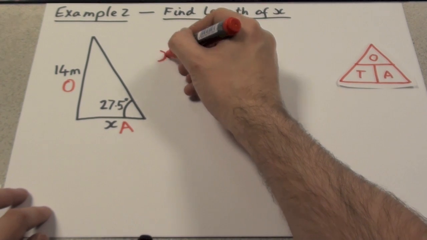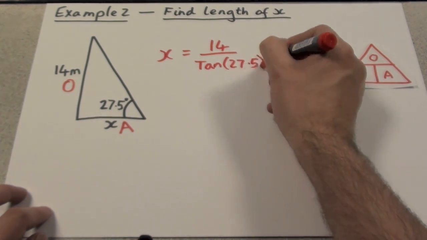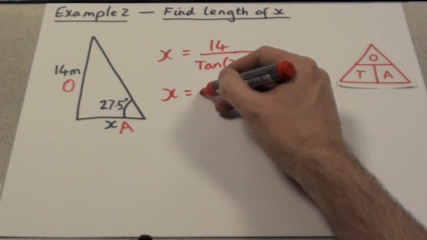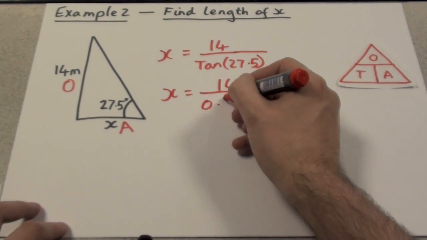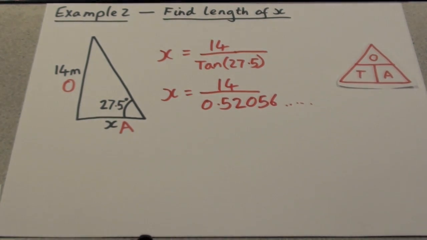So if you write this out, we've got the opposite, which is 14, divided by the tangent of 27.5. Now I would advise maintaining full calculator accuracy throughout. However, I will be writing out the first few digits of any longer numbers.